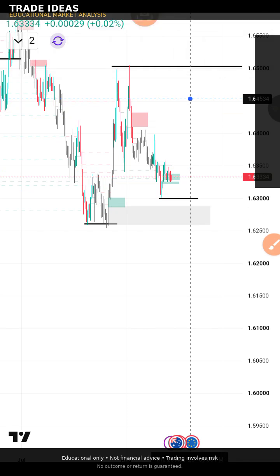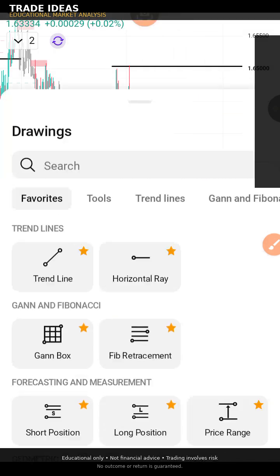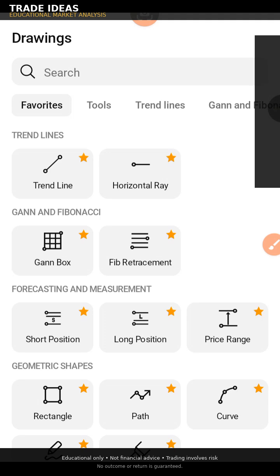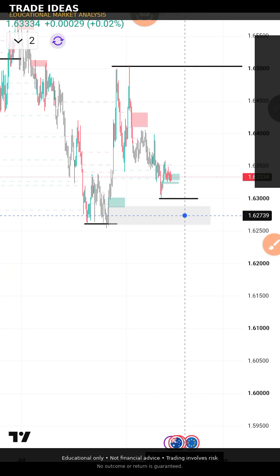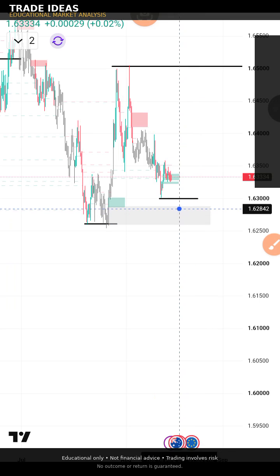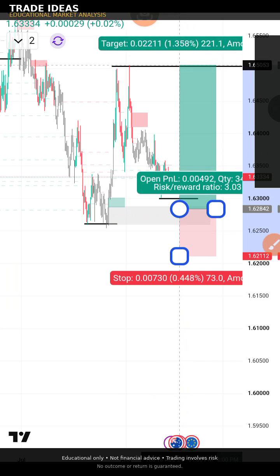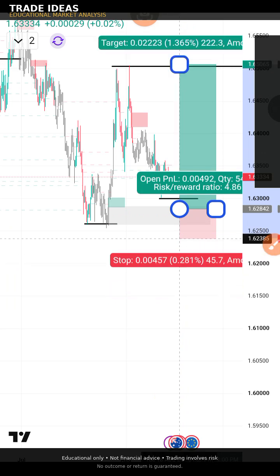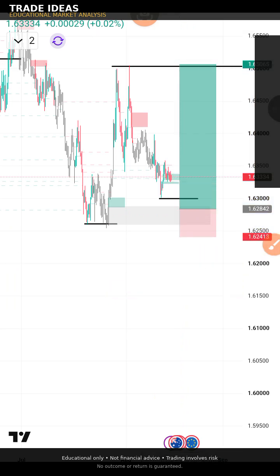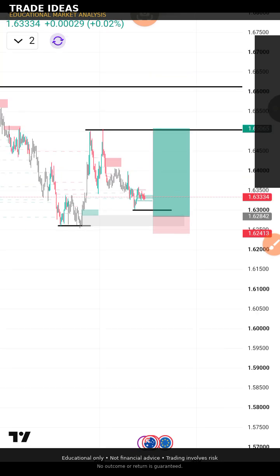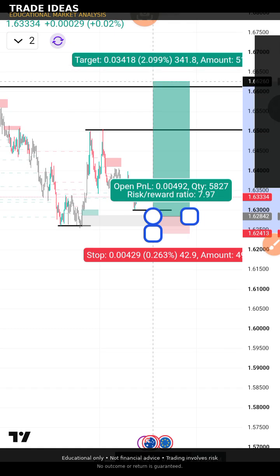So let's see what the markets will do. We are going to take our position to be here. Now this is the area we are going to be looking for. Now why am I taking this position, and why not target this high?